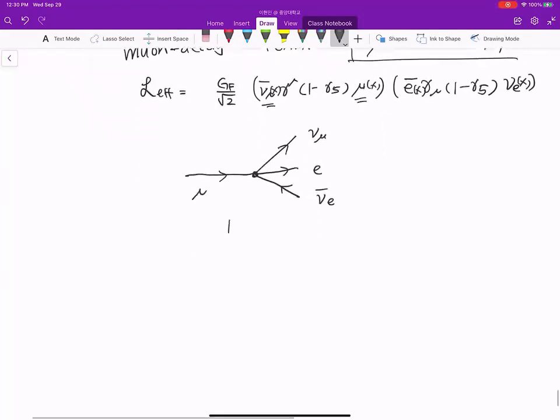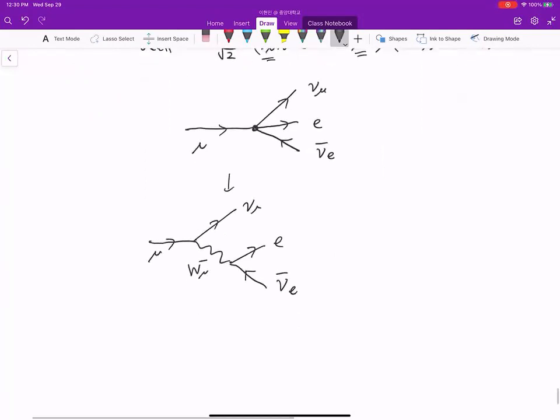But we know that this can be expanded in this form by including the charged gauge boson.